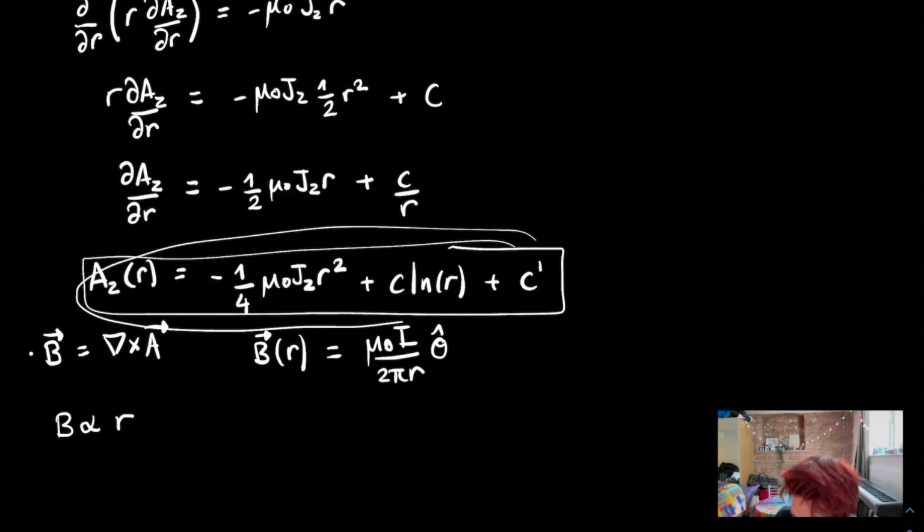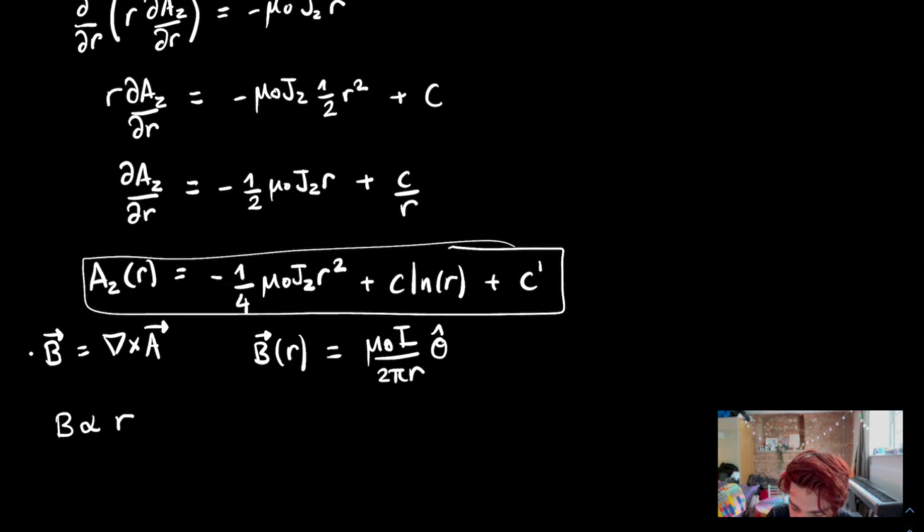So this is, again, a very generalized form of the magnetic vector potential. And this C term right here is just equal to all of the constants of this equation, which in this case is mu naught I divided by 2 pi. And the C prime term, anything would apply there, because if you differentiate it, it just disappears since it doesn't depend on any of the coordinates.